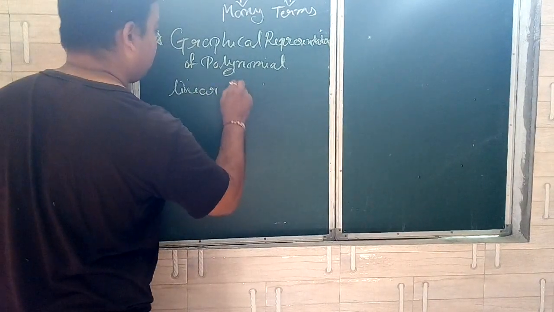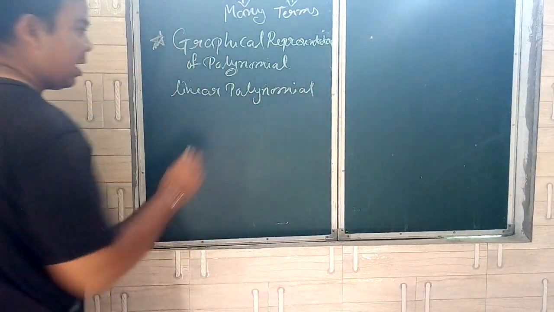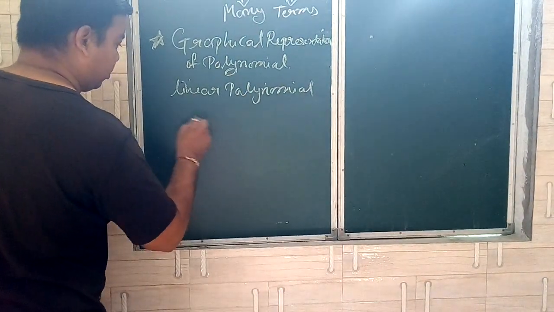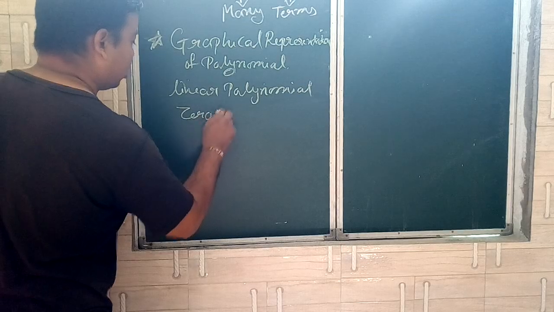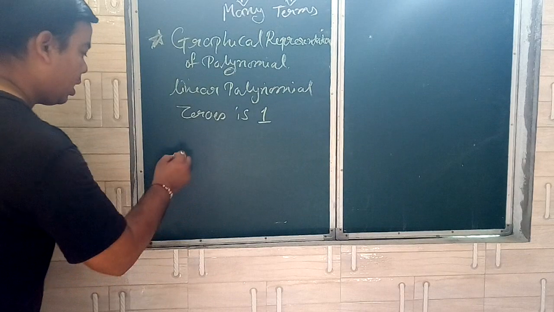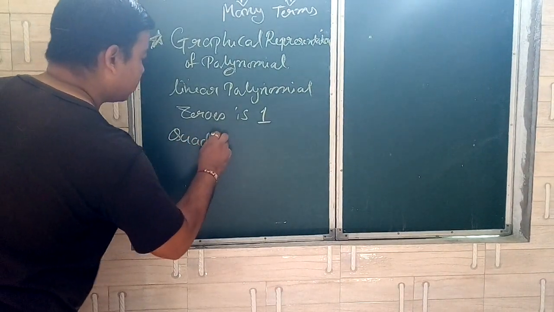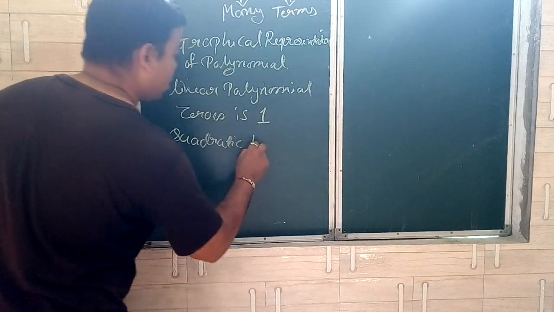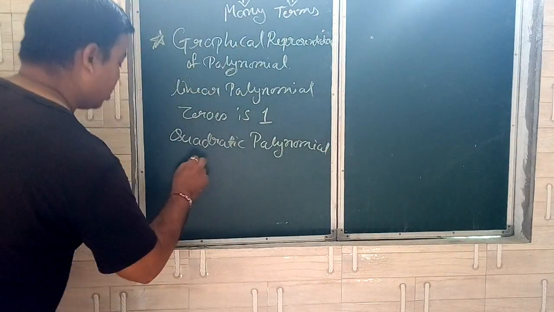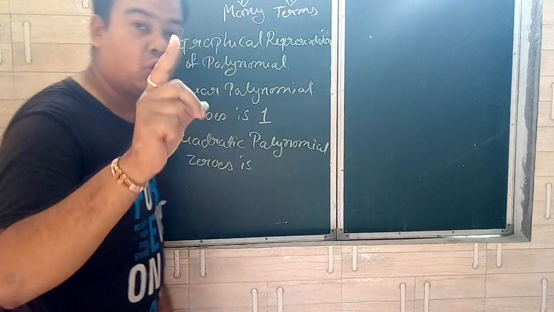Linear polynomial: highest degree is 1. That means the number of zeros is 1. If quadratic polynomial, the highest degree is 2.